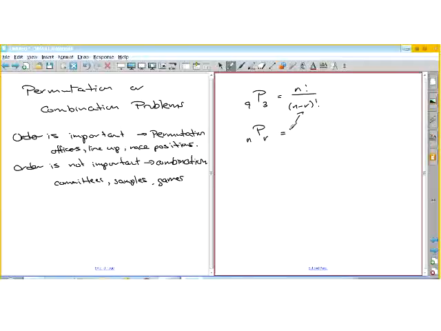So that's the formula you want to write. Then, to do this part of the problem, you just look at that and then substitute it in. So n is 9 and r is 3. So that's the first thing you do, is plug in the numbers. Secondly, you do the math.